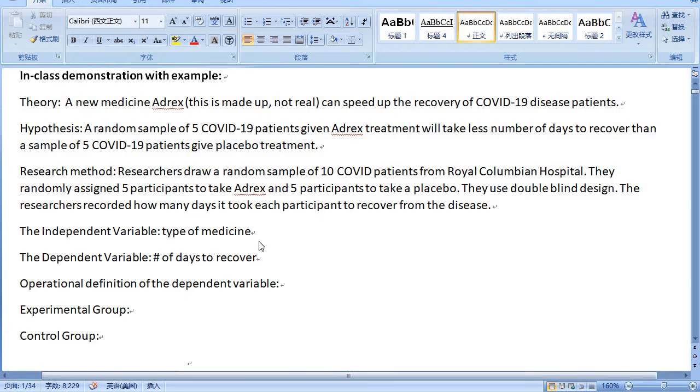The control group, or the placebo group, the group taking the placebo, is just for comparison. It's a comparison group. We want the placebo group to provide a benchmark for what kind of improvements we should observe.